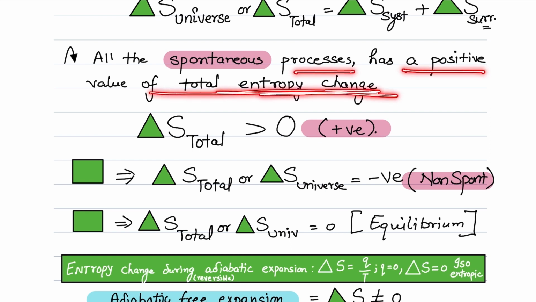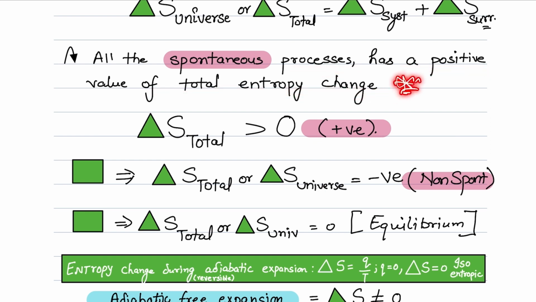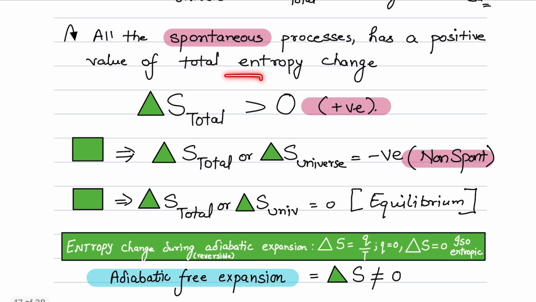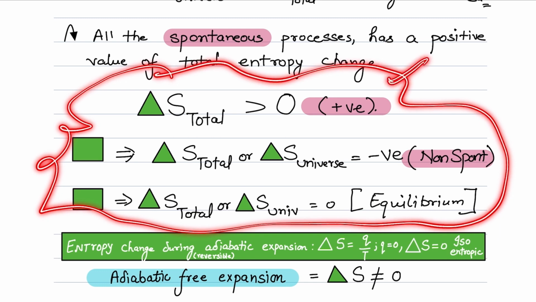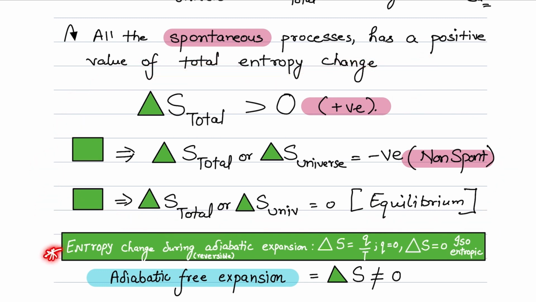This is a very important point to note down here: total entropy change will be greater than 0, or positive, for a spontaneous process. The total entropy change for the universe is negative if it is a non-spontaneous process, and if it is equal to 0, then the reaction is at equilibrium. So 3 points are very important: delta S total should be positive for spontaneous, negative for non-spontaneous, and 0 for equilibrium.